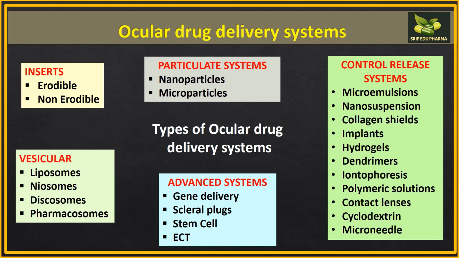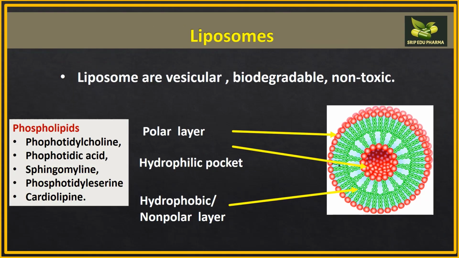In this you could see microemulsions, nanoemulsions, microneedles, collagen shields, implants, hydrogels, dendrimers, iontophoresis, polymeric solutions, contact lenses, cyclodextrins, etc. So now we will discuss in brief all of these categories of controlled ocular drug delivery systems.